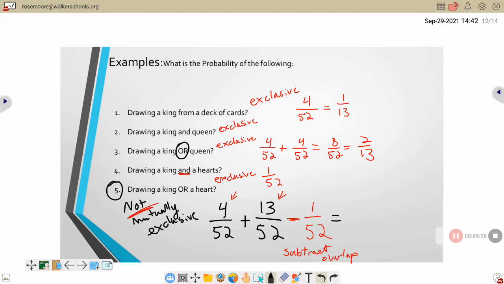Now luckily our denominator is all the same, so we will have 4 plus 13, which is 17, minus 1, which is 16 over 52, which does reduce to 4 over 13. Okay, so in our first not mutually exclusive event, we will have 4 over 13 chances to draw a king or a heart.